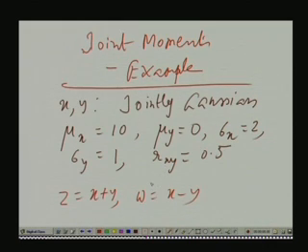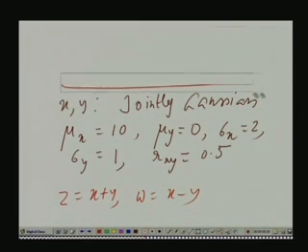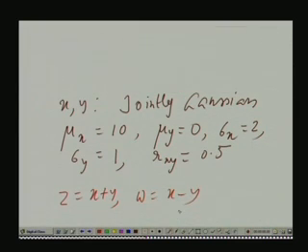Obviously, mean of z and mean of w are very easy to find out. Then the variances of z and w and the correlation coefficient involving z and w. This we have to find out. All right.